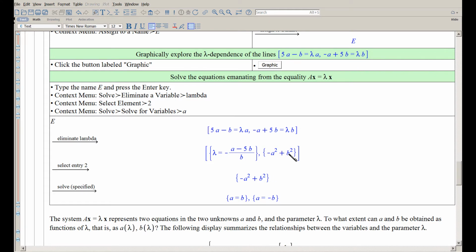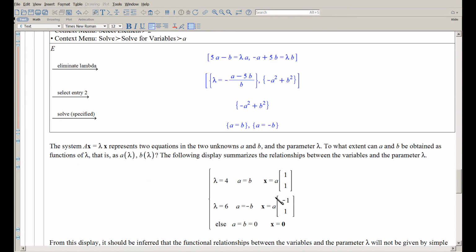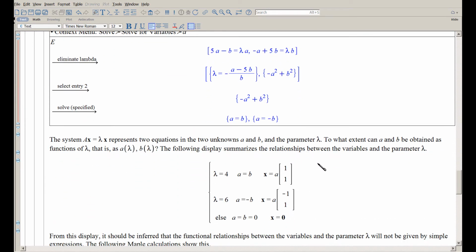Maple doesn't put the equals 0. If you then solve for, for example, a, this equation would give you a equals b and a equals negative b. Okay, so we know what the implications of those two solutions are. You get the vector 1, 1 and negative 1, 1.